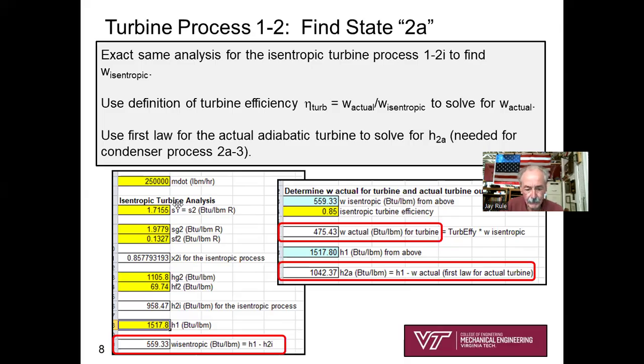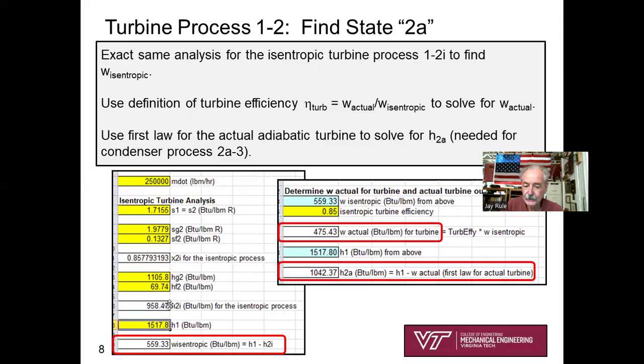S1 is 1.715, SG2 1.98, yeah, under the dome. So I solved for the quality X2I, about 86% quality. Why did I do that? Because I need to find H2I. I need the quality to find H2I because that's going to give me W isentropic of the turbine.